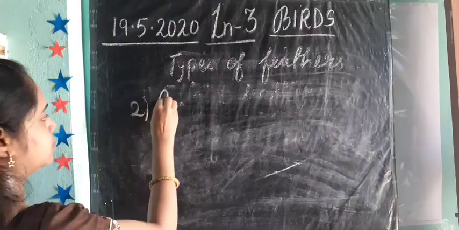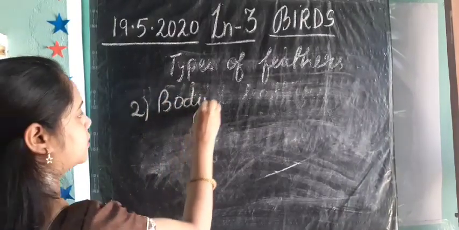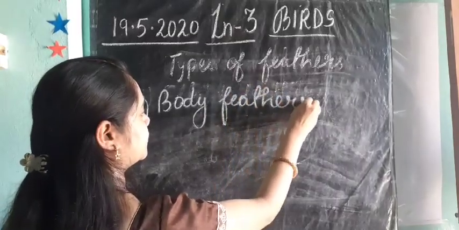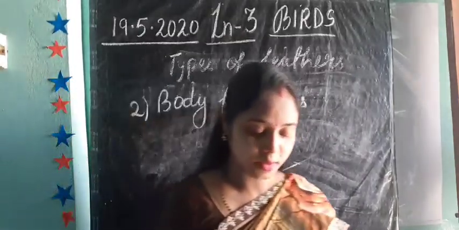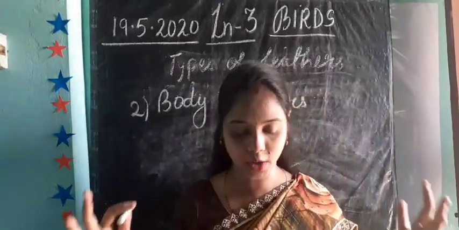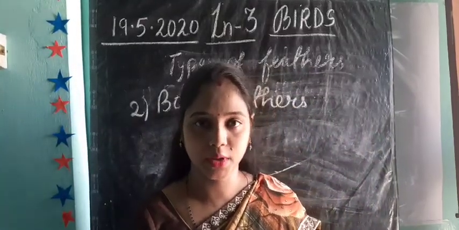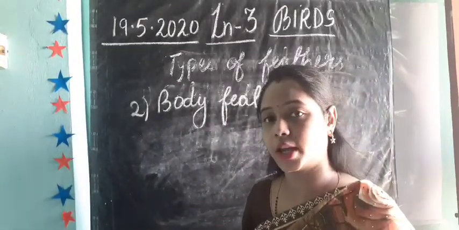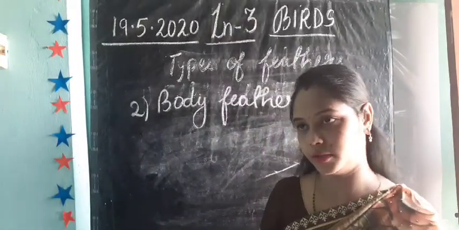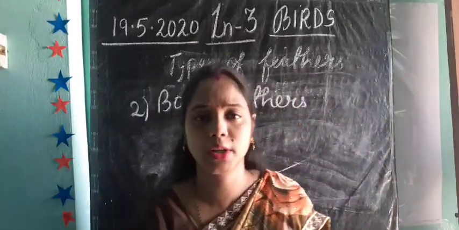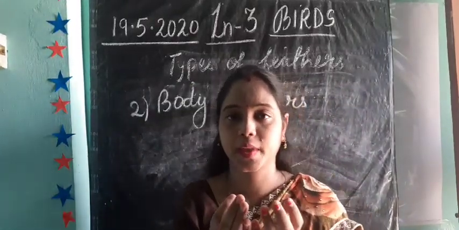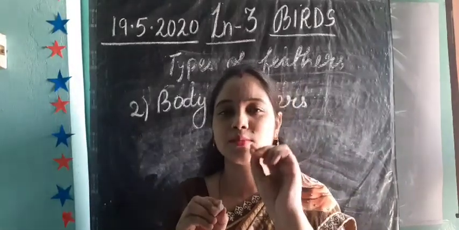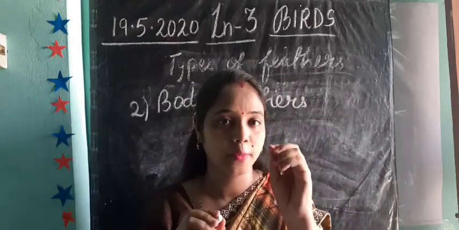Number 2, body feather. Body feathers cover the body of the bird, and they especially give the shape and color to the body. When the baby bird is there, it is very small, so small feathers will be there.